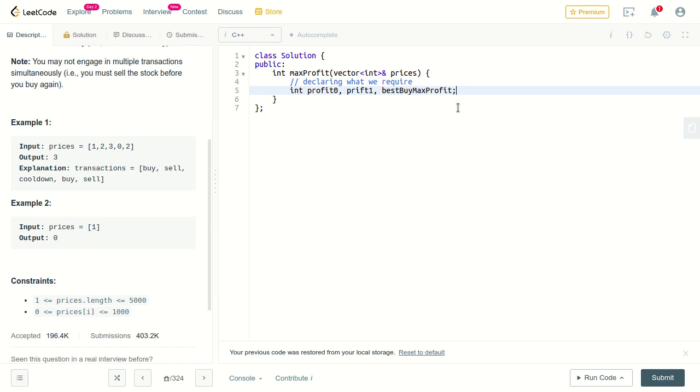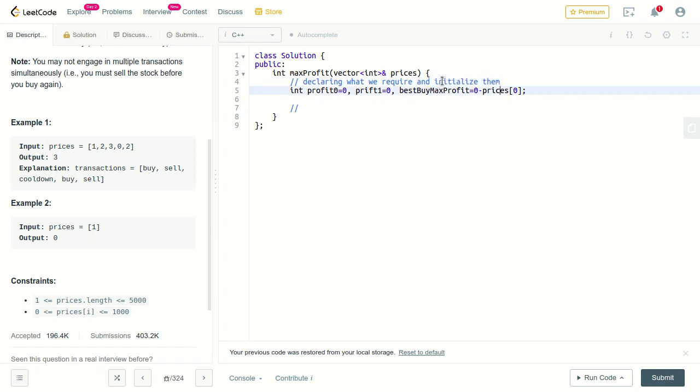So we are going to initialize this with 0, this with 0, and this with 0 minus the first item in the prices array. Next, and obviously, initialize them.